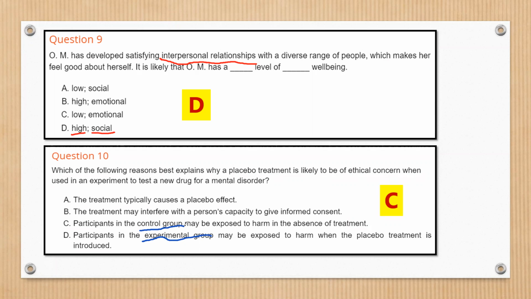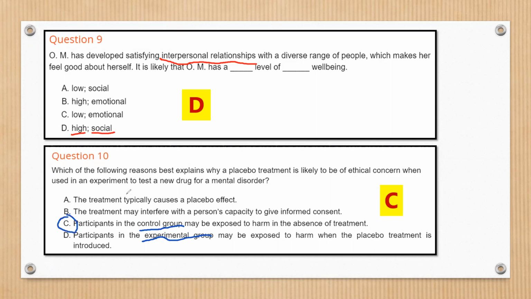So if you've got a bunch of participants in the experimental group who are taking an antidepressant, the placebo is something that resembles an antidepressant that doesn't have any actual drug or active ingredient in it. So obviously the control group takes that because they act as a baseline of comparison. Okay, the experimental group don't even need to be taking a placebo. They need to be taking the proper drug or the proper experimental treatment. So that's why the best answer is C.